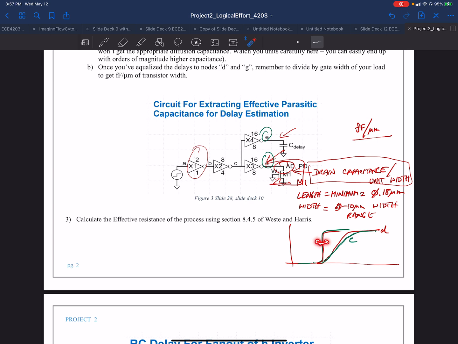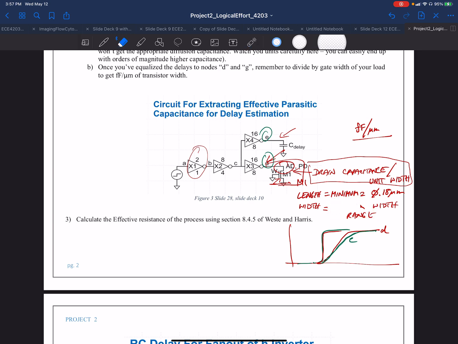In that case it'd just be harder. It's easier to make a big mistake in eyeballing at what value of C delay the two are sitting on top of each other. So again, I would suggest making them in the 50 to 100 micron range.